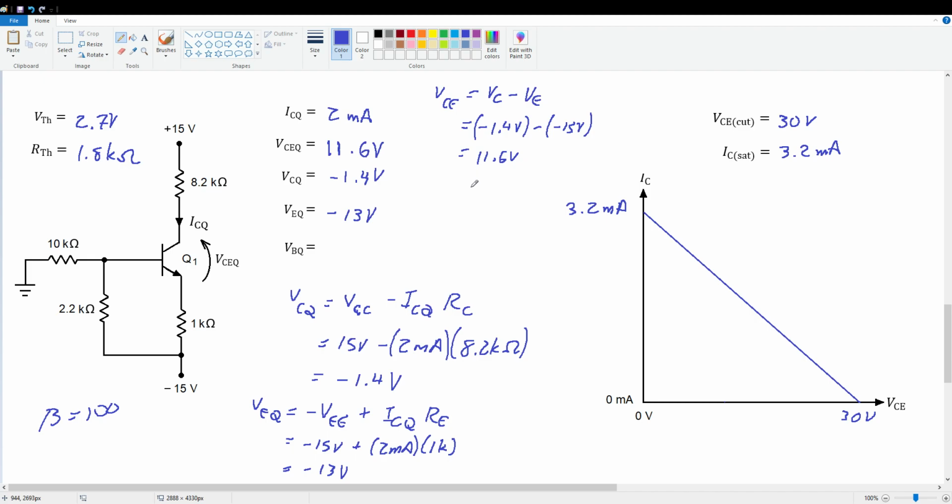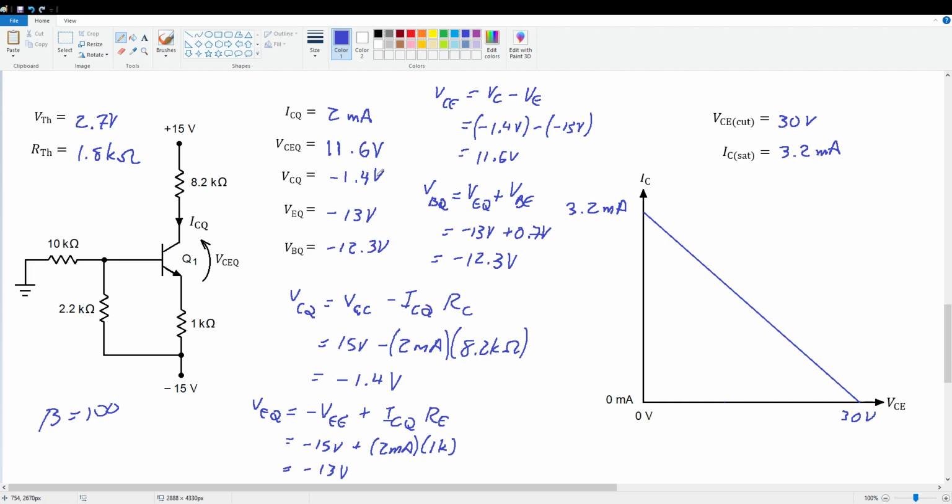Finally, the base voltage, VB, at the Q point is equal to the emitter voltage at the Q point plus the VBE drop. So what was VE? Negative 13 volts plus 0.7 volts is negative 12.3 volts.